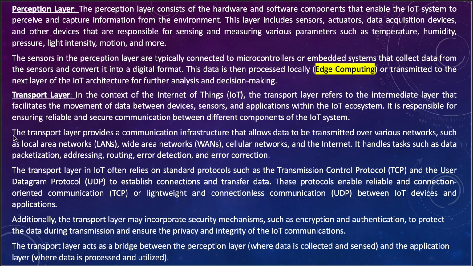The transport layer provides a communication infrastructure that allows data to be transmitted over various networks such as local area networks, wide area networks, cellular networks, and the internet. It handles tasks such as data packetization, addressing, routing, error detection, and error correction. So these are things that are normally there in networking.